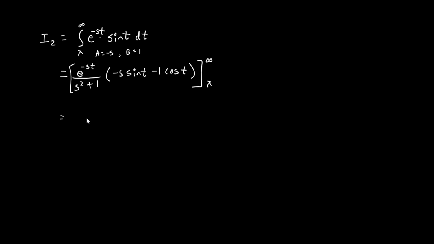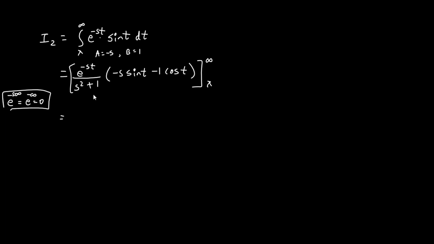Okay, so if we put the value of t as infinity, it will be minus e raised to minus infinity, and e raised to minus infinity is 0.